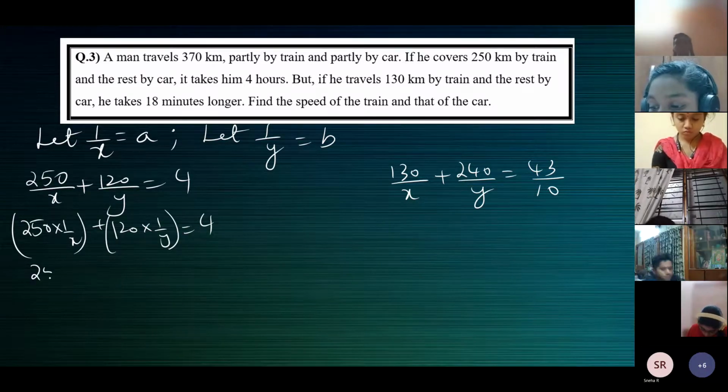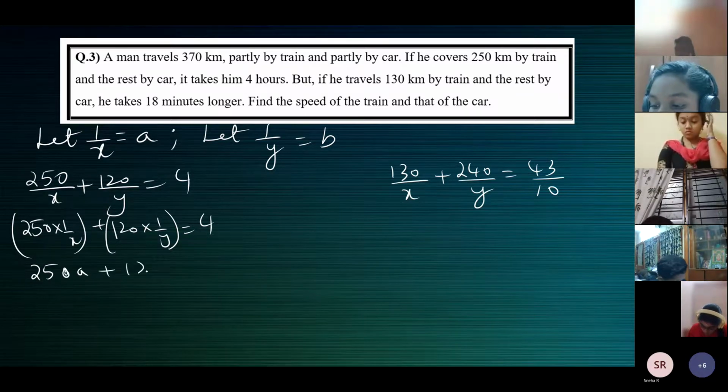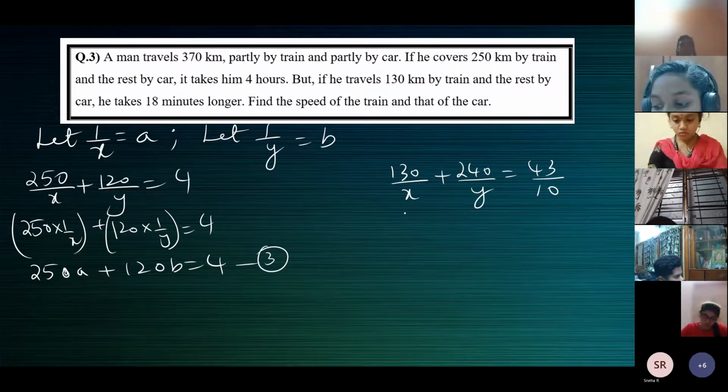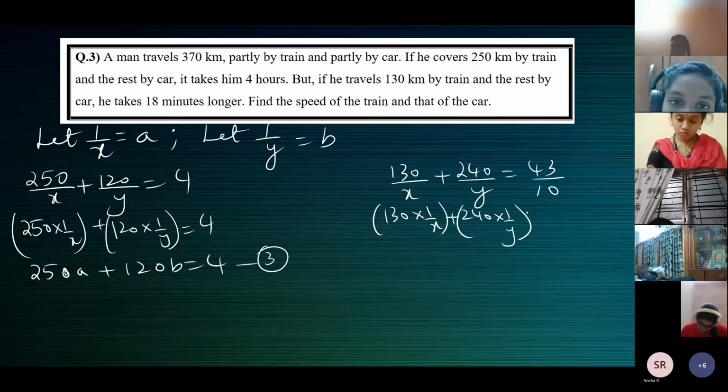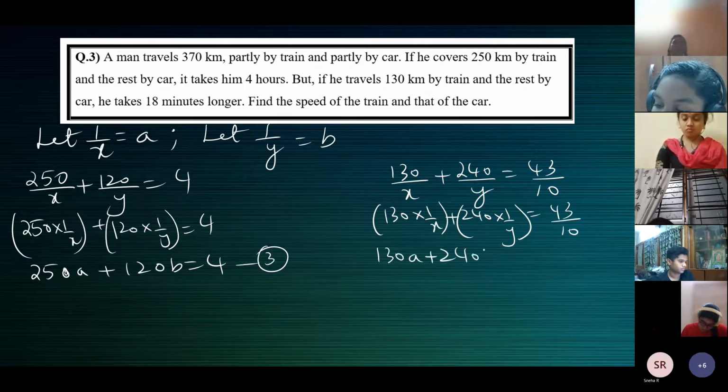So 250a plus 120b is equal to 4 is your third equation. And here 130 into 1 by x plus 240 into 1 by y is equal to 43 by 10. 130a plus 240b is equal to 43 by 10.